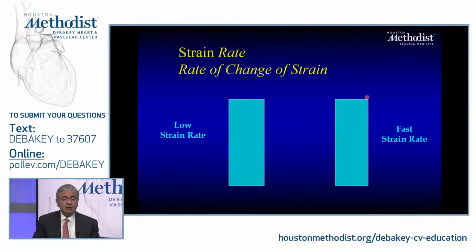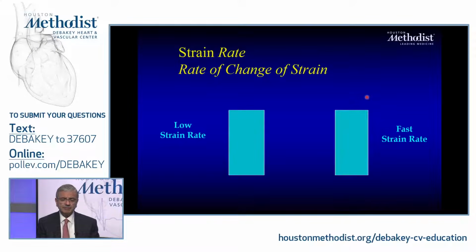Strain rate, something we would like to aim for. I don't think we're there yet because there's a lot of noise, but you could imagine, okay, take a look at a deformation. This is a slow strain rate. So the deformation, you know what the deformation is. This is the same deformation, but much faster.